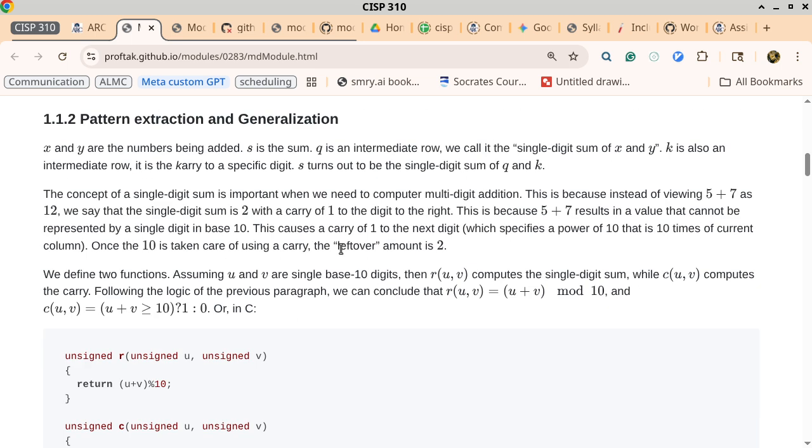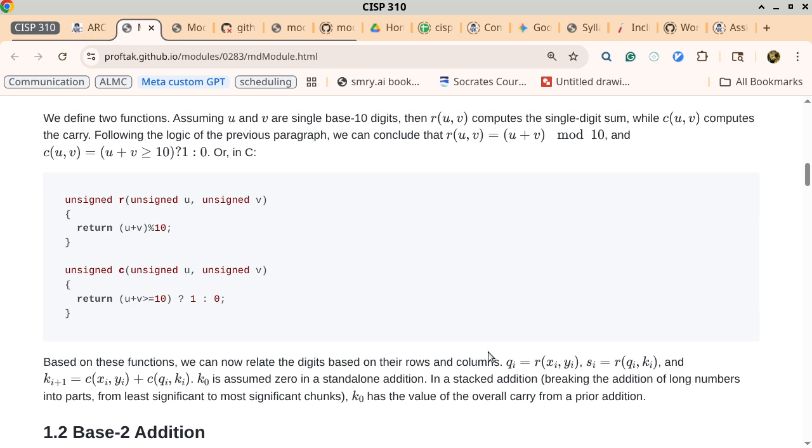Then with that structure, I can finally generalize and say, by the way, this I is really just designating a particular digit. If I is 2, then we are looking at q of 2 being r of x2, y2. So I generalize the whole thing so that I can now explicitly state how each digit relates to other digits.